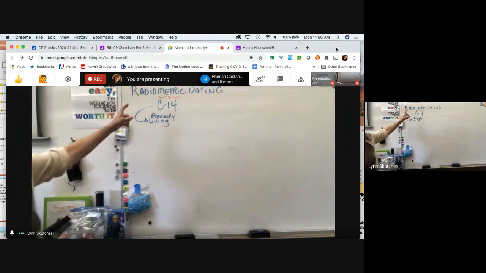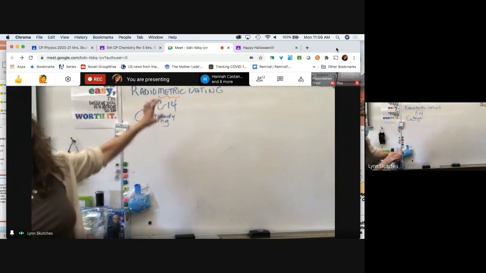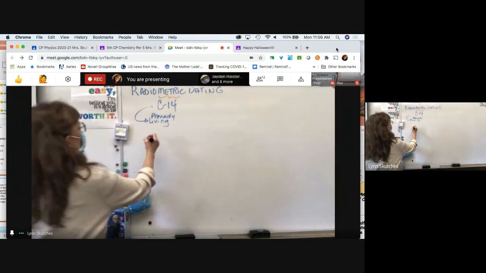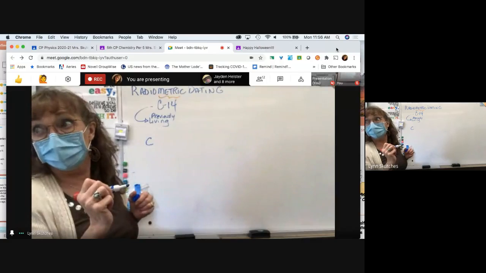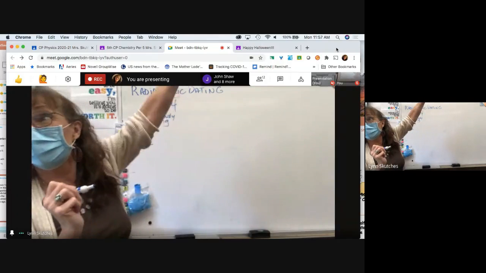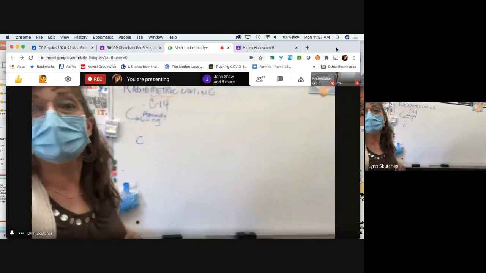So carbon-14 is one form of carbon. What's the most common isotope of carbon? Anybody guess? Look at its place on the periodic table.